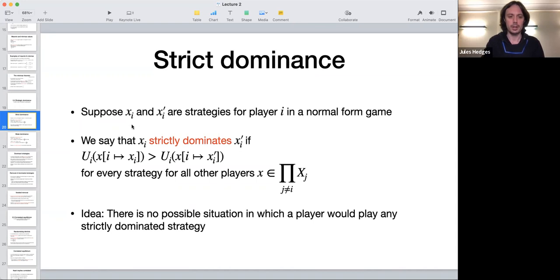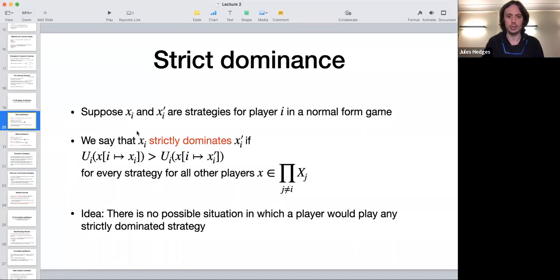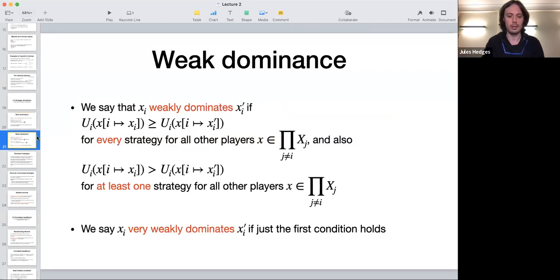There are some minor variants of this idea. So strict domination is the most common standard version of this, but there are a couple of variants. We can say that xi weakly dominates xi prime if for every strategy profile you get at least as high a payoff, and there is at least one combination of strategies that leads to a strictly higher payoff.